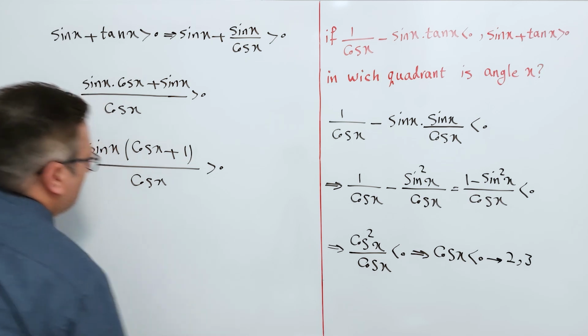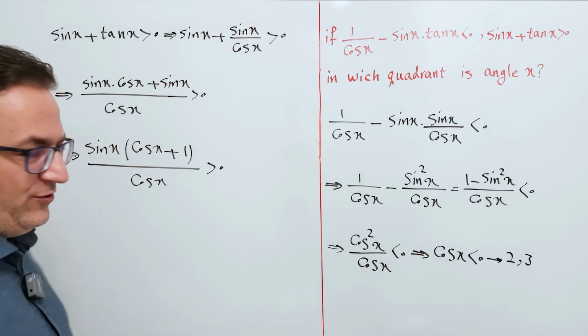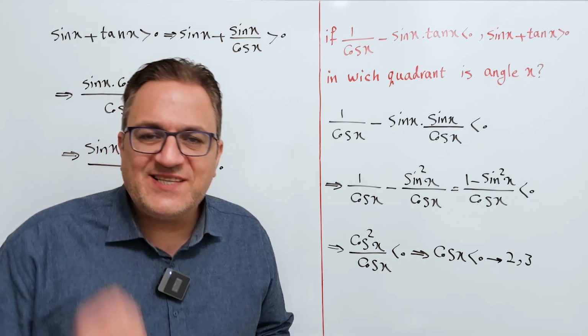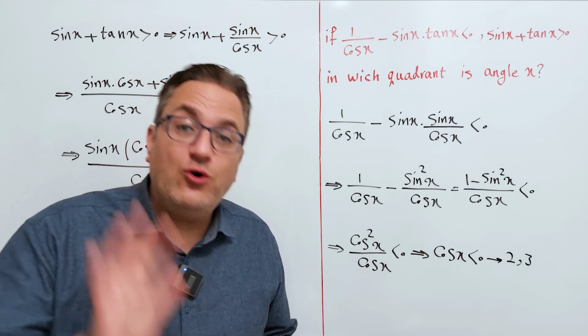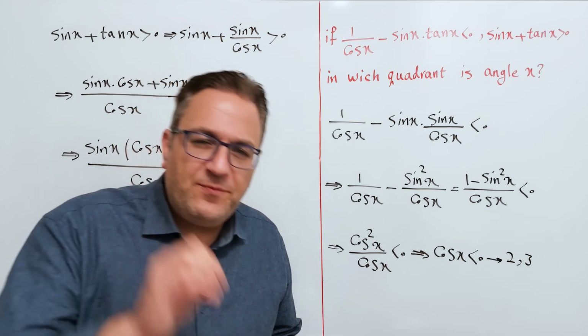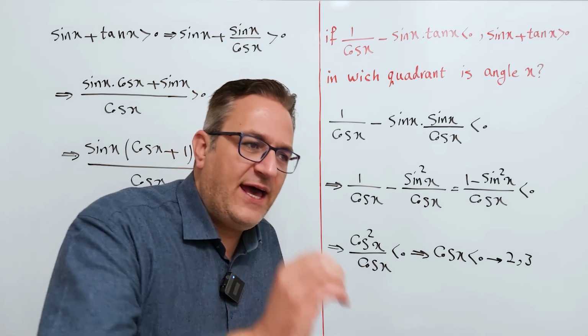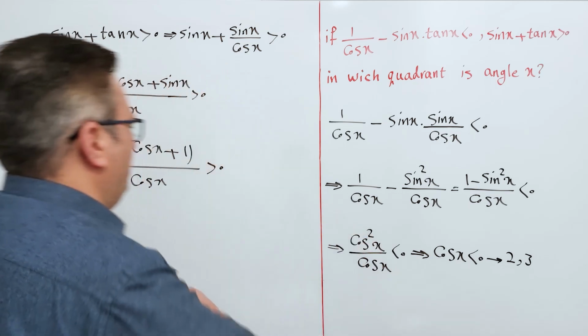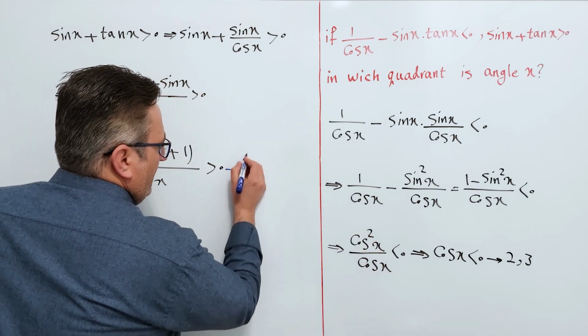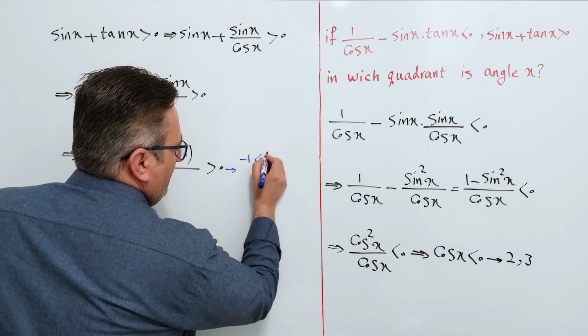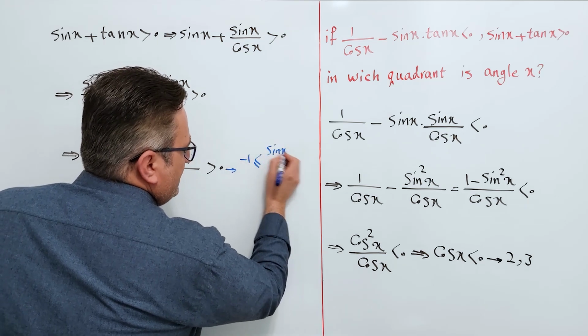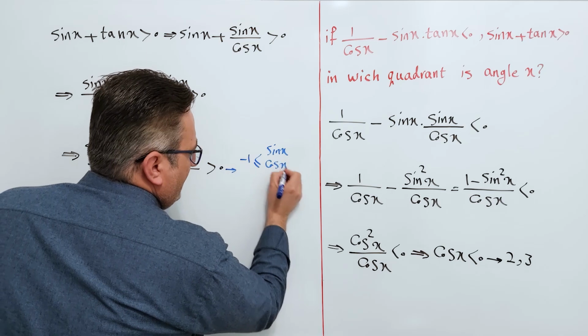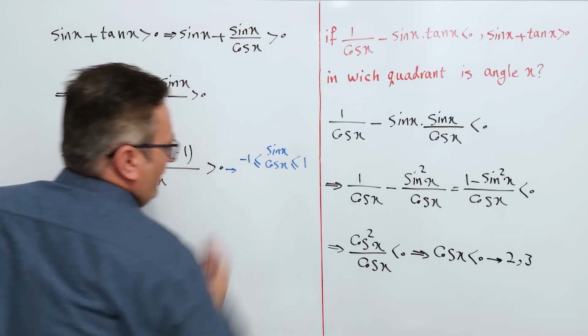Okay? So, an important point. We know that sine x and cosine x are between -1 and 1. It means sine x or cosine x is between -1 and 1.